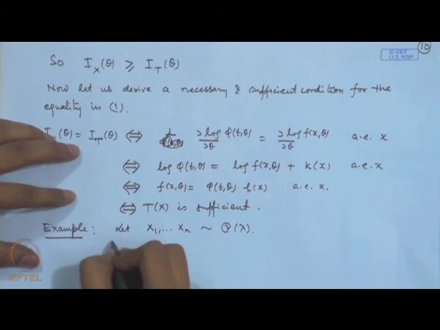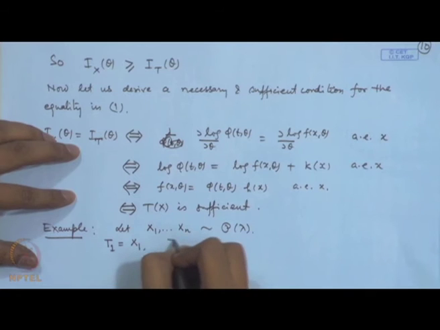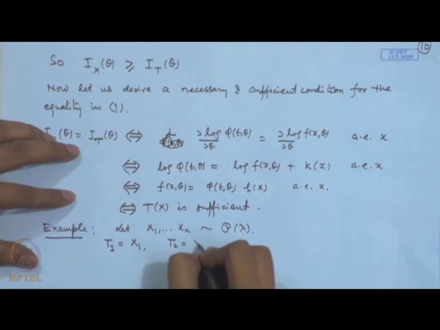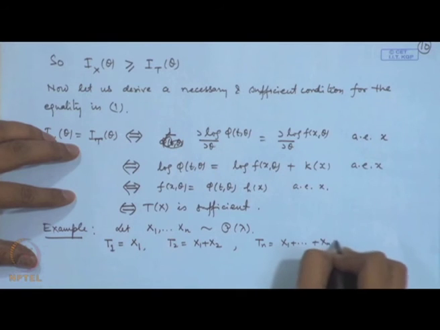Let us take several statistics. Let us take say T 1 is equal to x 1, T 2 is say x 1 plus x 2, and say T n is equal to x 1 plus x 2 plus x n, that is sigma x I.